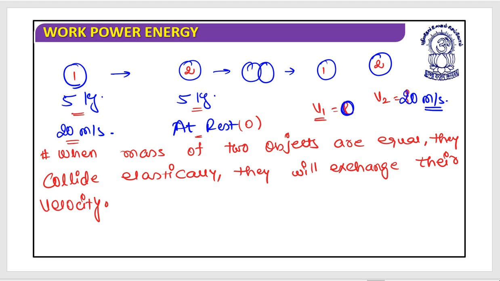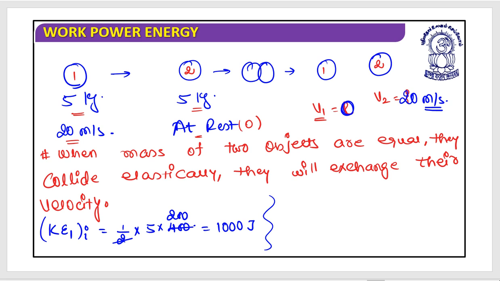Let's calculate the kinetic energy of the first body initially. It is equal to 1 by 2 into 5 into 400, so this is 200 into 5, which is 1,000 joule. Now let's calculate the kinetic energy of the same body finally after collision.